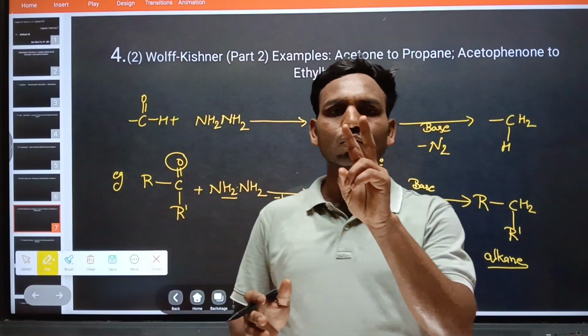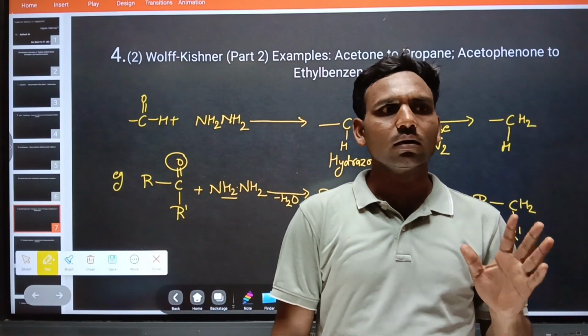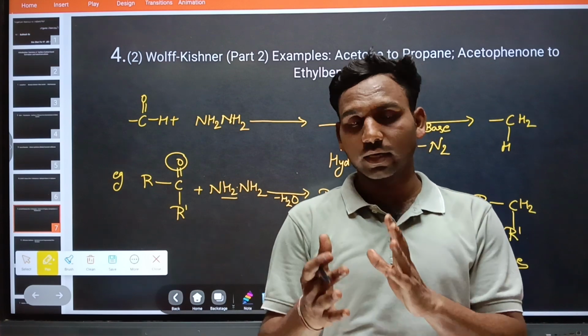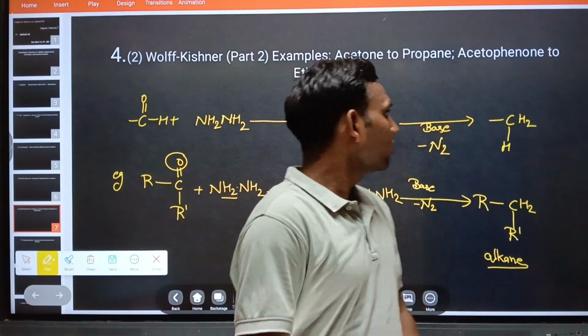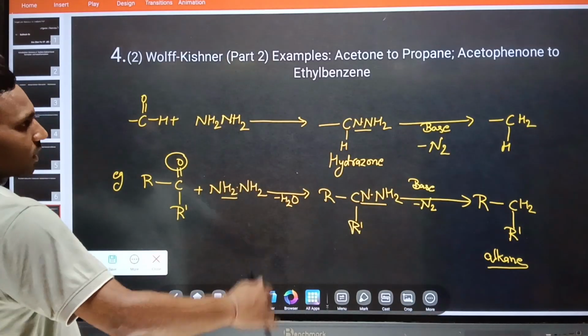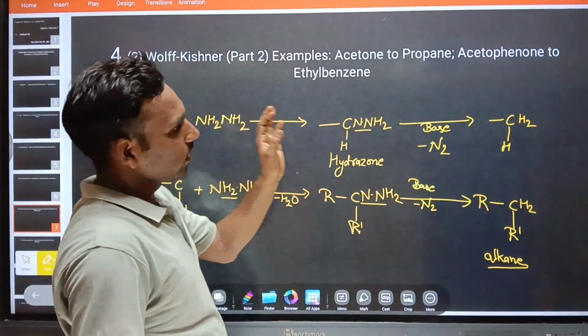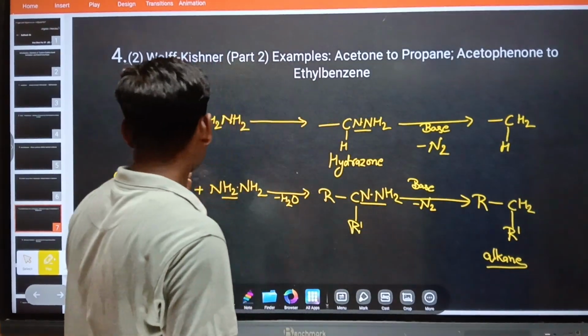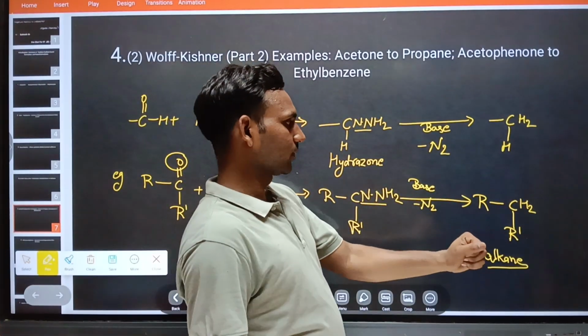In the Wolff-Kishner reaction, two types of products form. First is hydrazone, second is alkane, lower or higher members of alkane. Okay, so here we discussed the process that forms lower to higher members of alkane, that is, ketones or aldehydes to formation of the alkane.